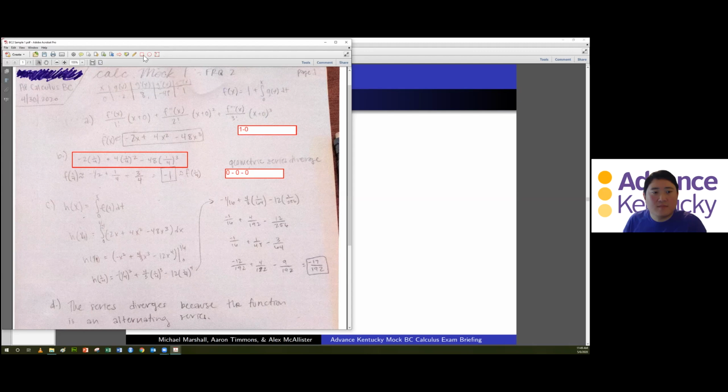Okay, part C. Now we got to think about the import again. We said it has to have at least 3 terms and be cubic. And okay, this fits. So now I have to carefully make sure that they take the correct antiderivative. I believe they have. They have substituted in 1/4. It would have been great if they stopped there. They did not, so we have to check all the arithmetic.